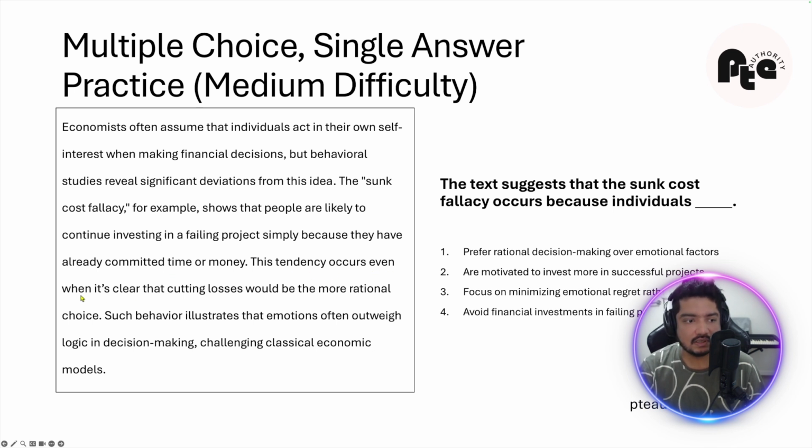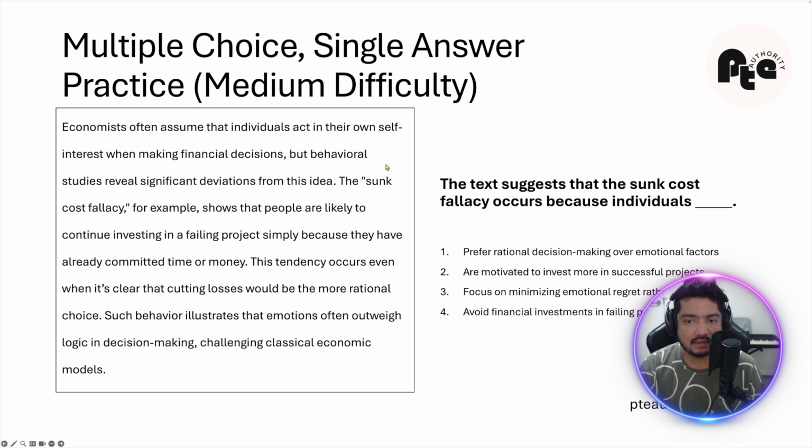This tendency occurs even when it's clear that cutting costs would be the more rational choice. Such behavior illustrates that emotions often outweigh logic in decision making, challenging classical economic models.